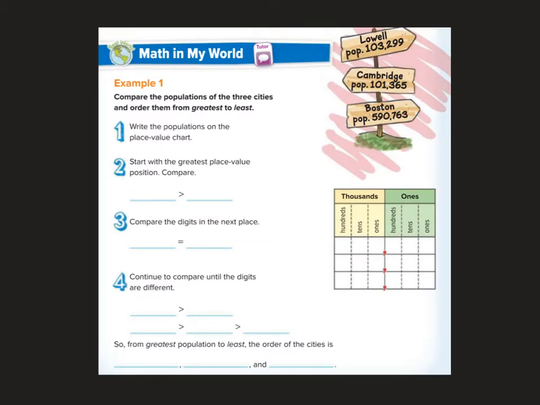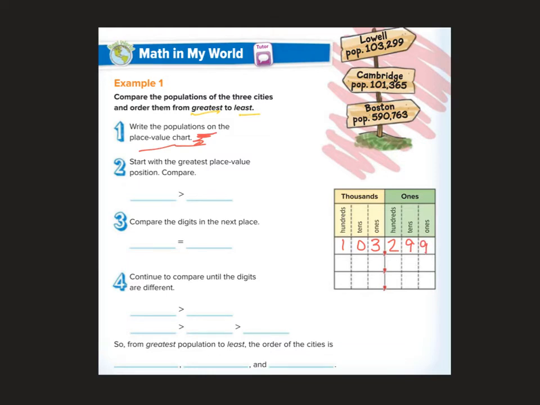All right, let's look at example 1 here. Today, we need to compare populations of 3 cities and order them from greatest to least. Okay, so first, let's write the populations on the place value chart. So Lowell has a population of 103,299.